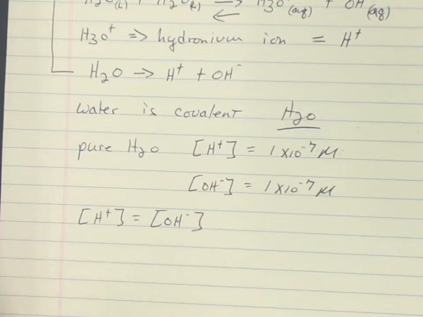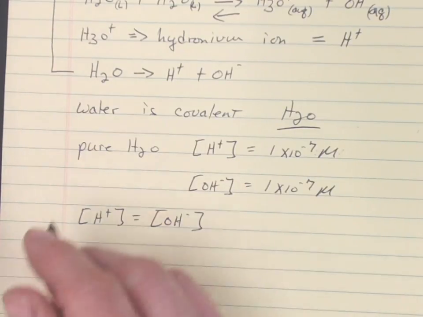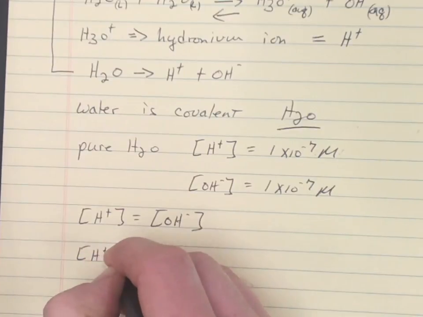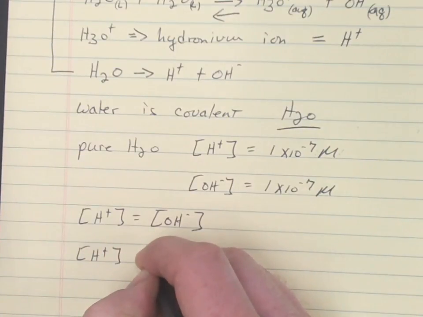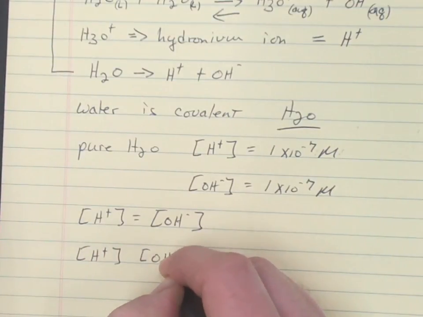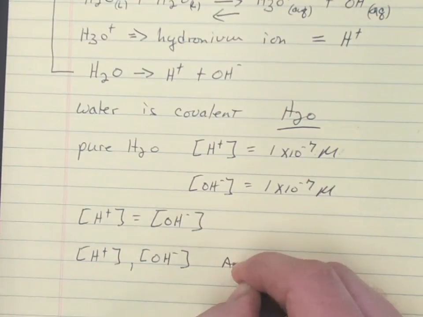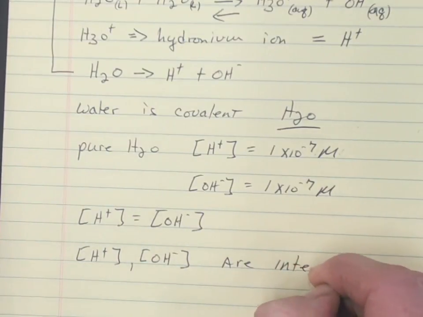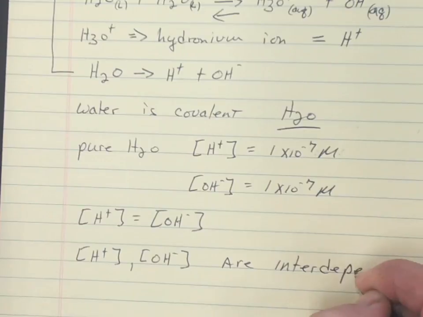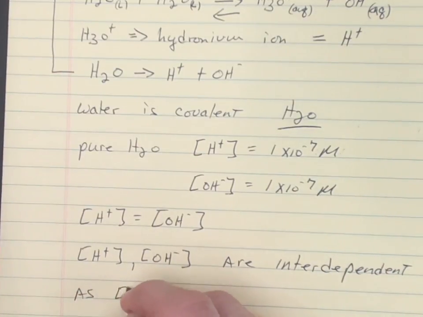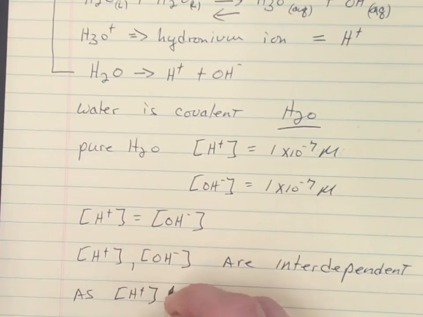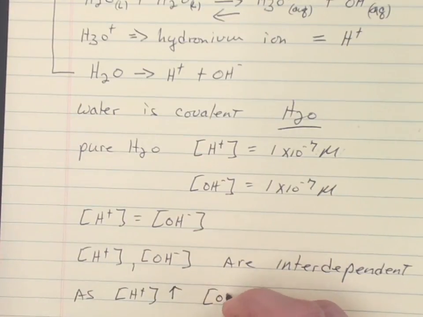And when that occurs, we have a neutral solution. It's also important to understand that these two species, H plus and OH negative, are interdependent. So what that means is as H plus increases, OH negative is going to decrease.